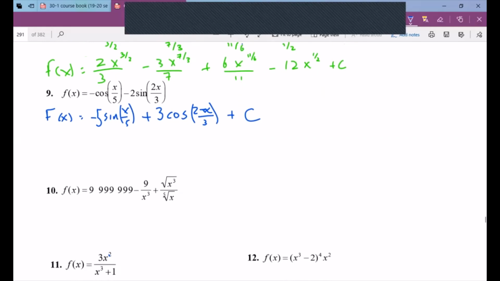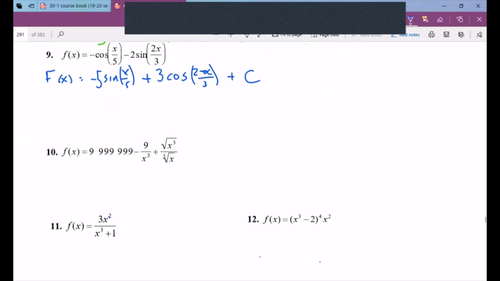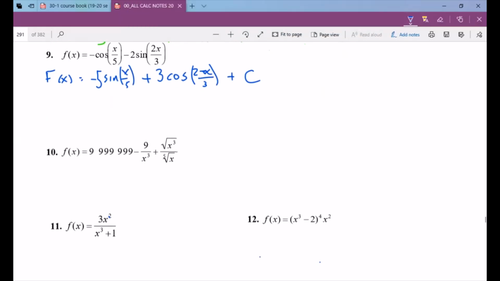All right, so number 10 is going to look like this. F of x equals 9,999,999 minus 9 over x cubed plus square root of x cubed over 5th root of x.